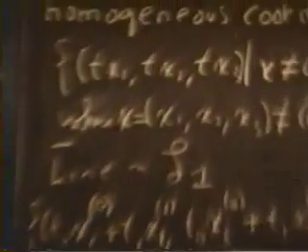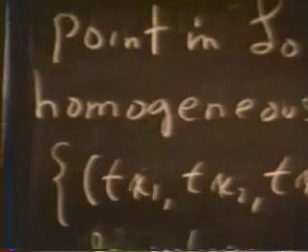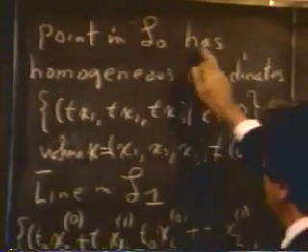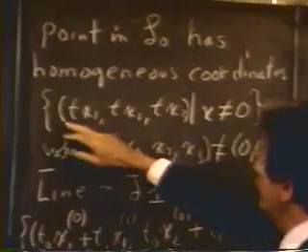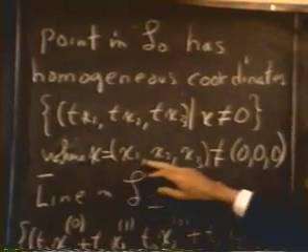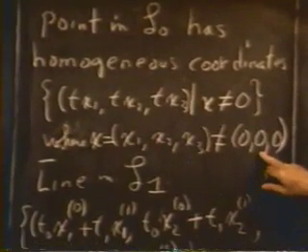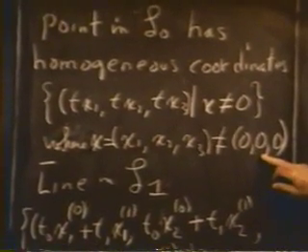And a point in this coordinate representation of homogeneous coordinates, a point in L sub 0, has homogeneous coordinates where x is some vector x1, x2, x3, not identically the origin 0, 0, 0.